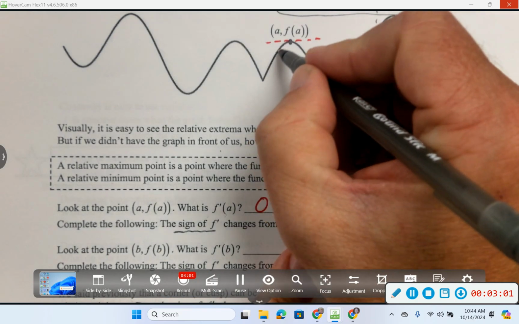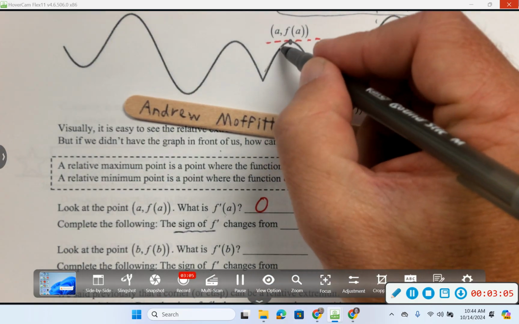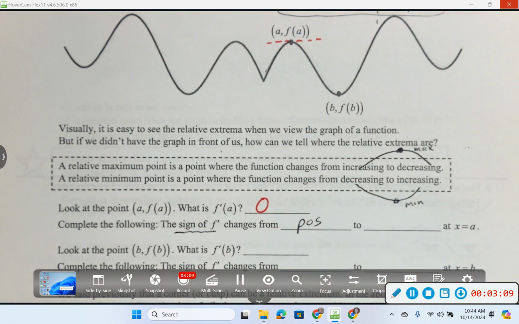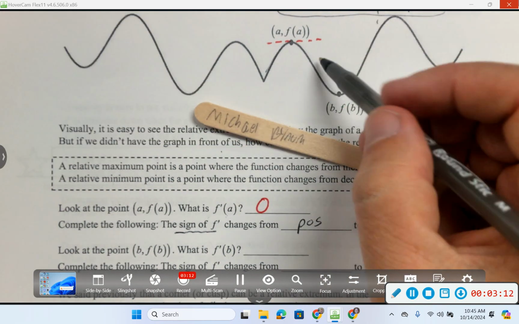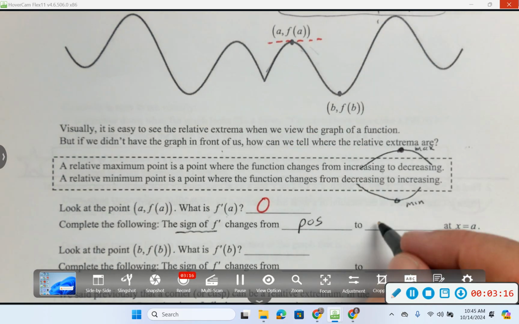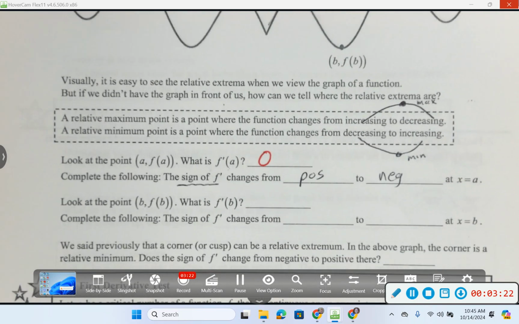Let's see, on this side, Andrew, what's the sign of f prime in here? Positive. And then on the other side, Michael, what's the sign of f prime over here? Negative. So if f prime changes from positive to negative, then you got a max.